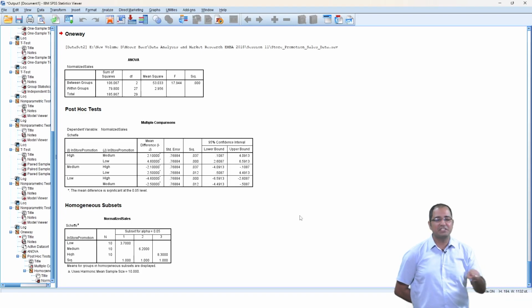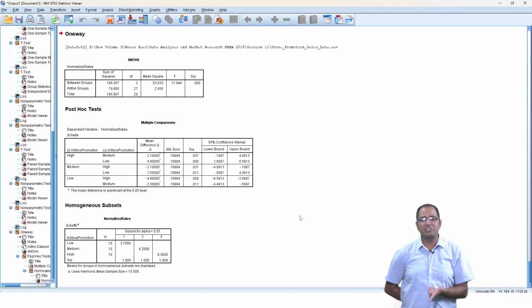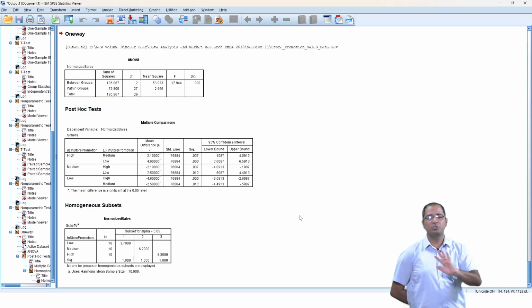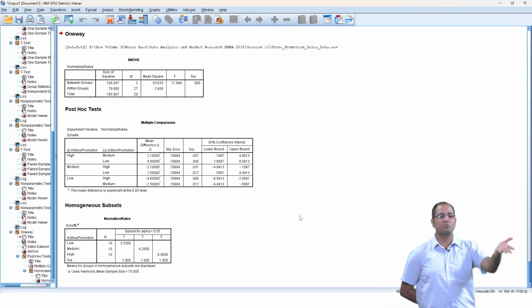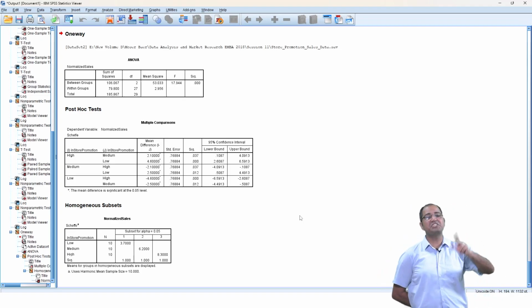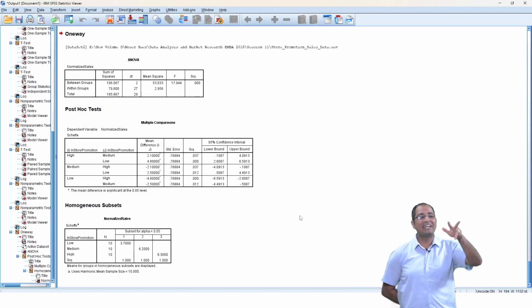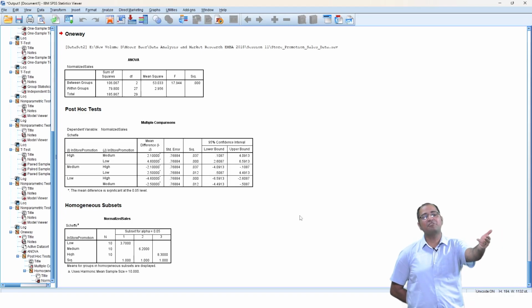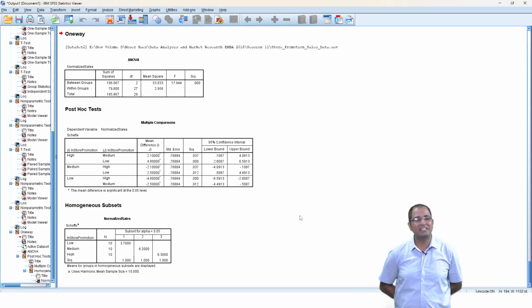Now, if it is greater than 0.05, which means there is no difference. You use whatever type of promotion, the sales would not differ much. But there is 0.000, which means at least two of the in-store promotions, if not three, differ in the kind of sales that they are generating, because their variances are different.